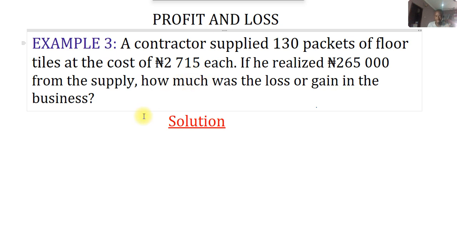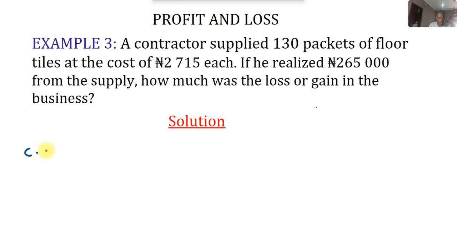So let's calculate. The first step we're going to take now is to calculate the cost price. Then we compare with the amount that he got from the supply. So we take the cost price, that is the amount at which he got the product.